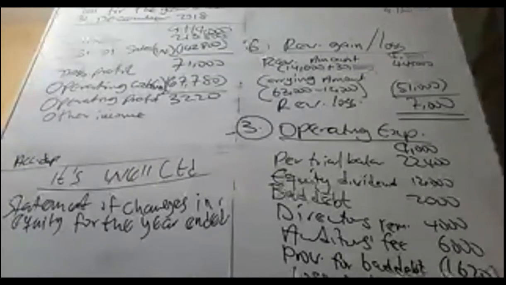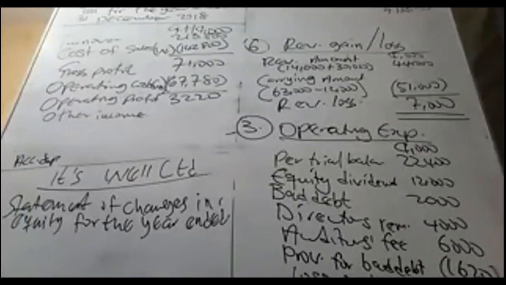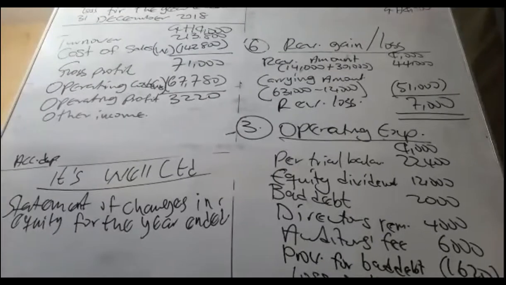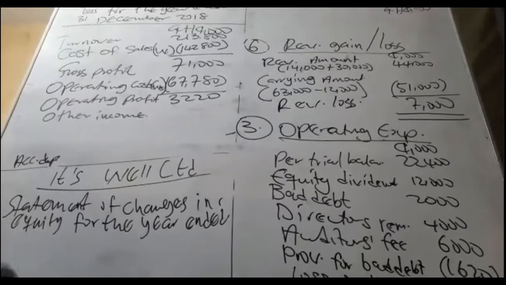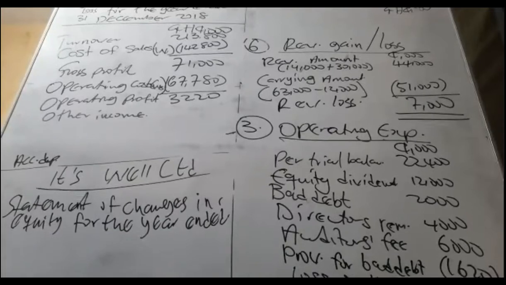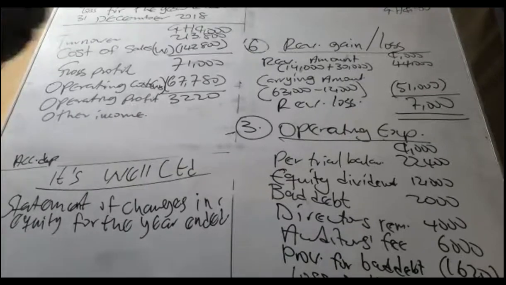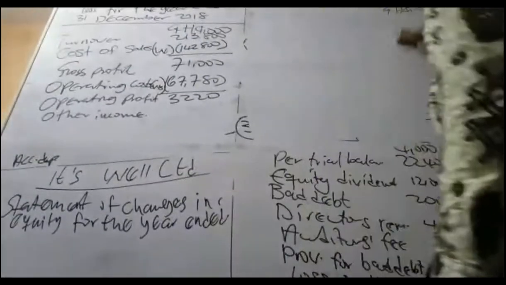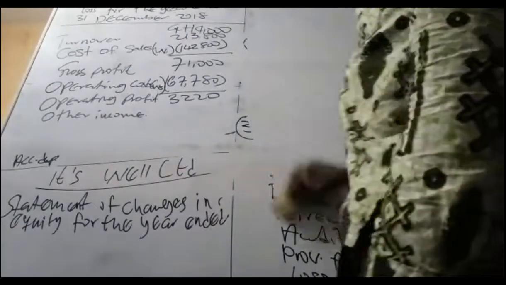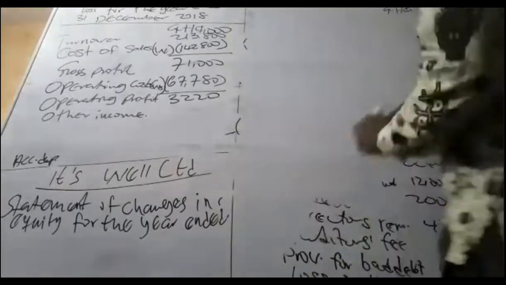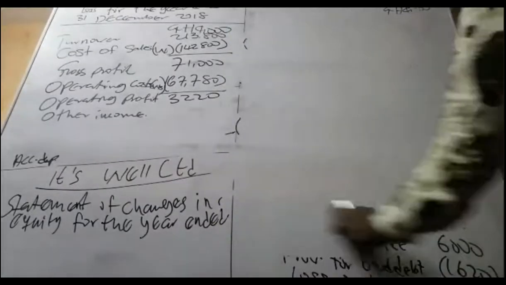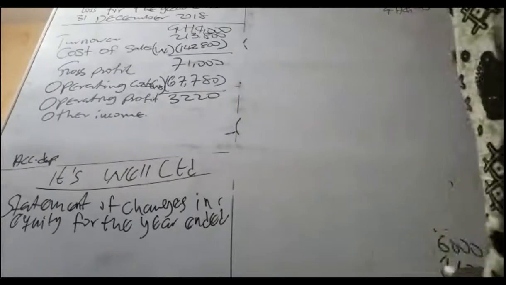Other income is the next workings. So that's workings number 7. Agreed.